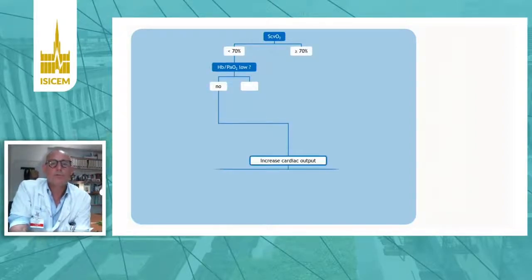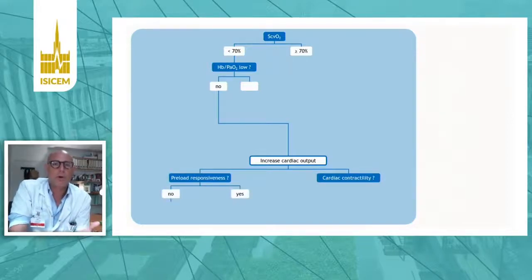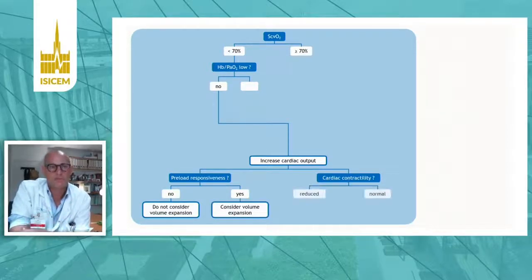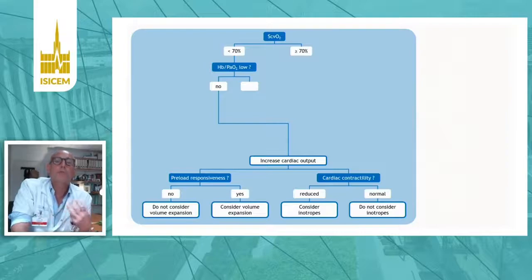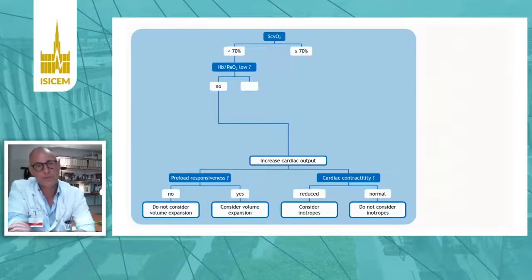Low SVO2 in a patient with circulatory failure always means that something is wrong. If it's not hemoglobin and PaO2 or oxygen saturation, it means that cardiac output is too low, and it promotes the increase in cardiac output with fluids in case of fluid responsiveness and with an inotrope in case of decreased left ventricular contractility.